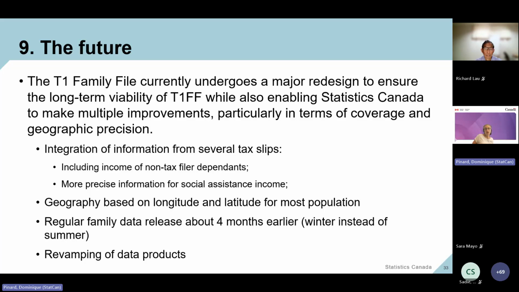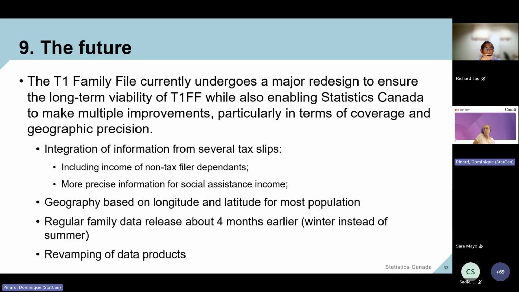While the TIFF currently uses T1 tax data, the CCB file, and T4 slips, this redesign will allow us to use additional slips and other data sources. We discussed the IRCC file earlier, so that's something that we'd like to bring on to the TIFF, what we call the TIFF Plus or the TIFF redesign.